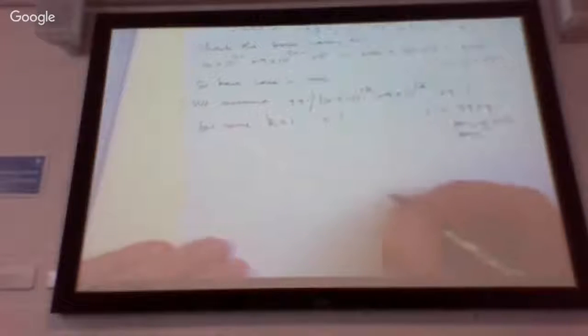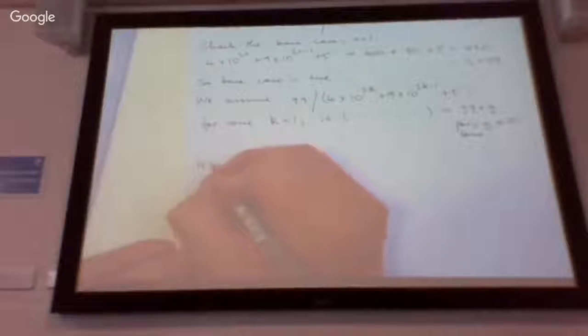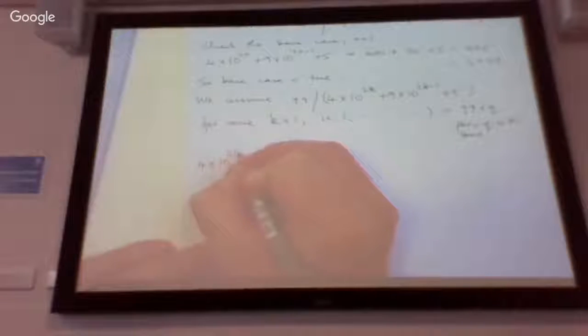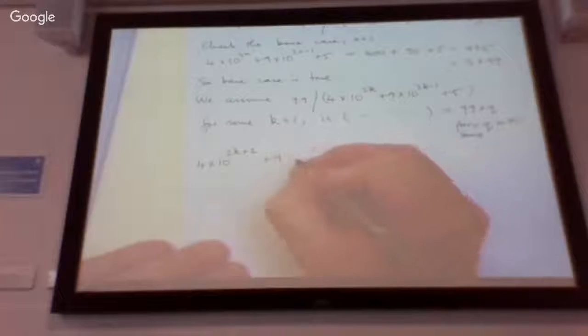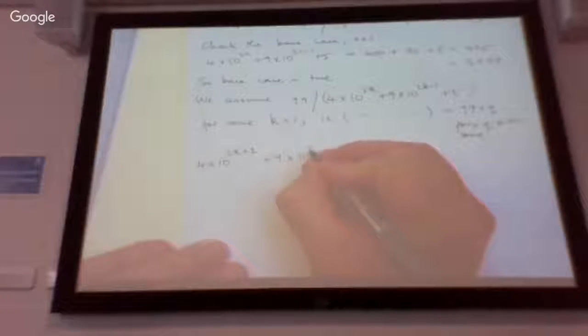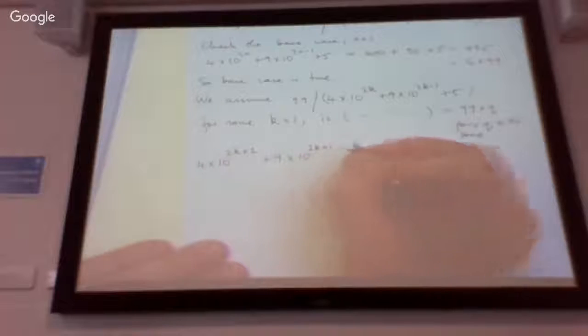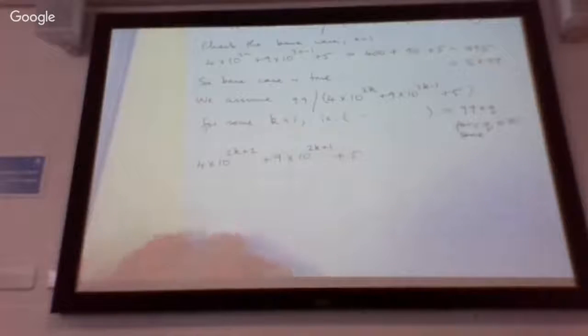Okay, so we attempt to go one step further. We look at 4 times 10 to the 2k plus 2 plus 9 times 10 to the 2k plus 1 plus 5. So that's the quantity where n has been replaced by k plus 1.